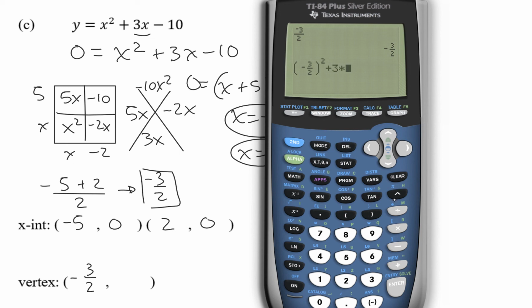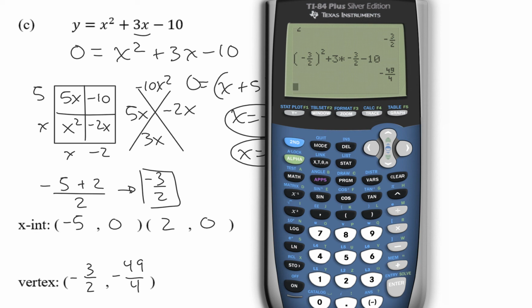Plus 3 times, go up and grab that fraction, and then finally minus 10. When I do all of that, I get an answer of negative 49 fourths, so negative 49 over 4. That is the y value of my vertex, y when x is negative 3 halves.